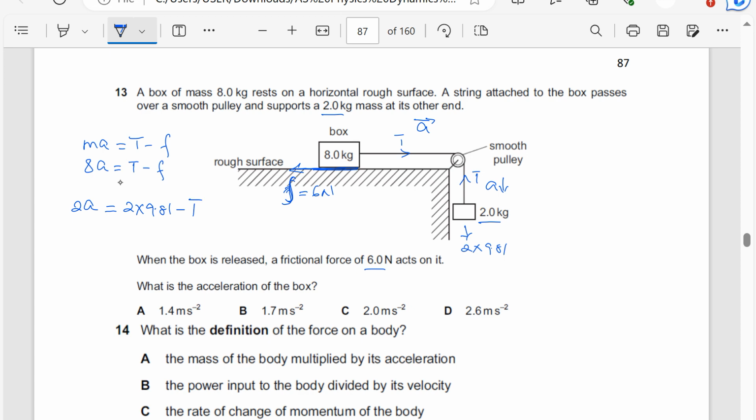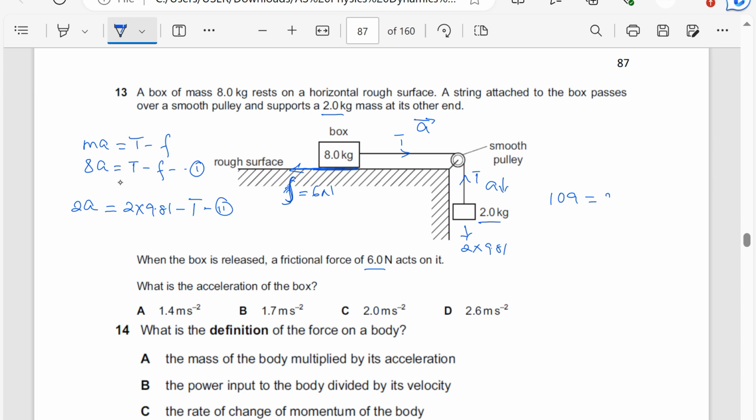which is upwards. So we have this equation here and we have this one here. I am going to simply add the two equations so that T disappears. The frictional force was given as 6 newtons. Adding the two equations, 8a plus 2a, which is 10a, is equal to T minus T, so T disappears.